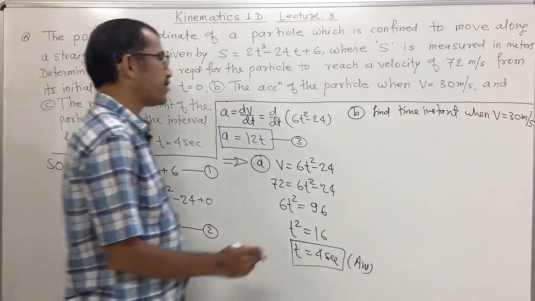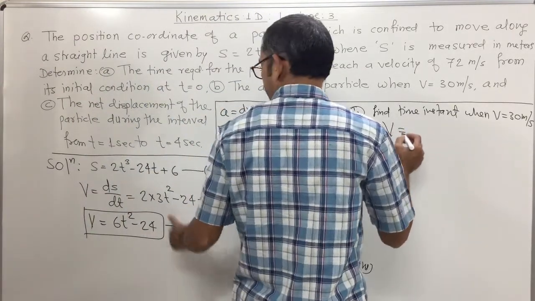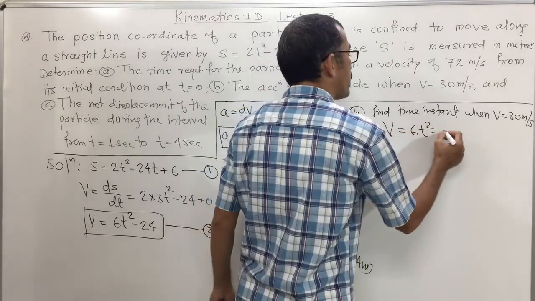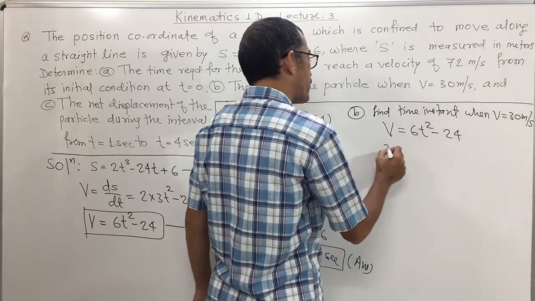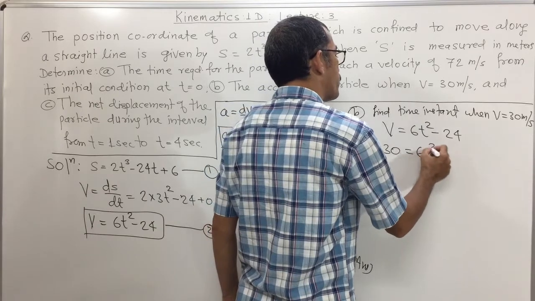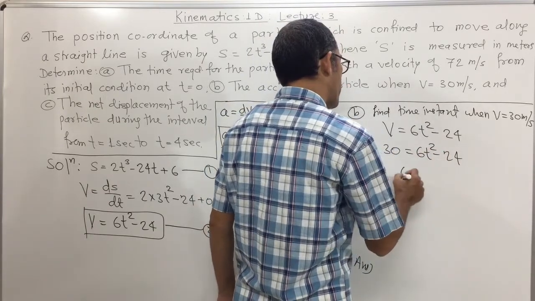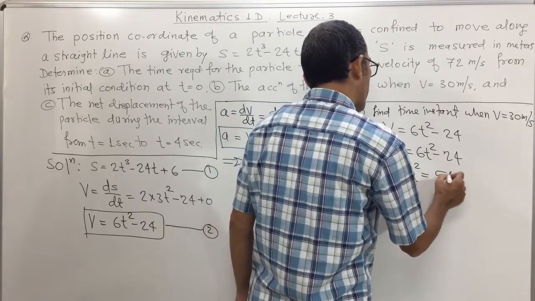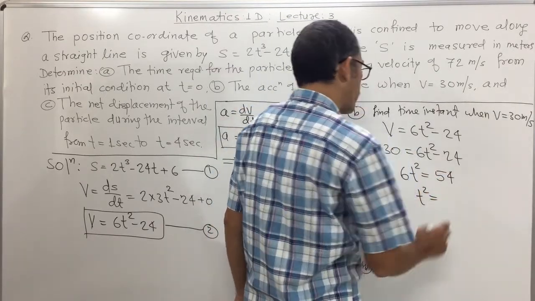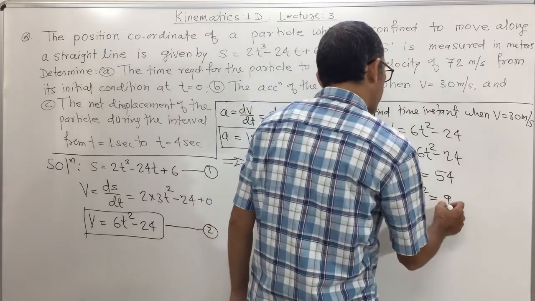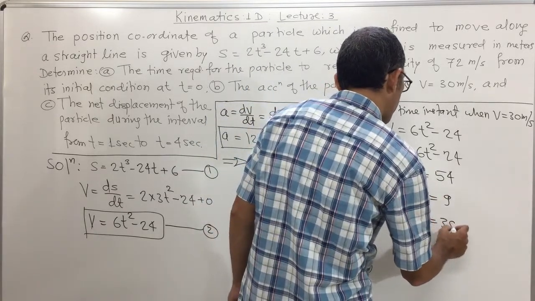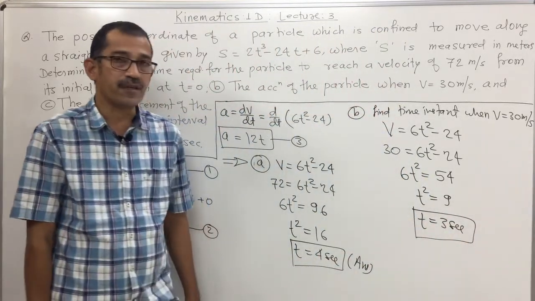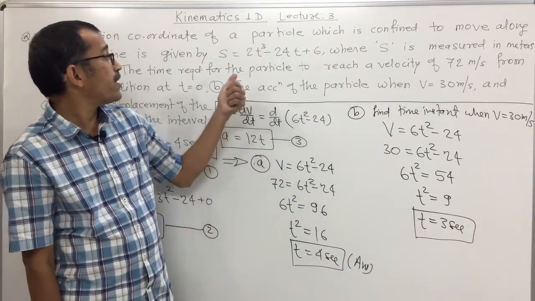You know the equation of velocity: v = 6t² − 24. So 30 = 6t² − 24. That means 6t² = 30 + 24 = 54. So t² = 54 by 6, which is 9. That means t is 3 seconds. At 3 seconds the velocity is 30 meters per second.